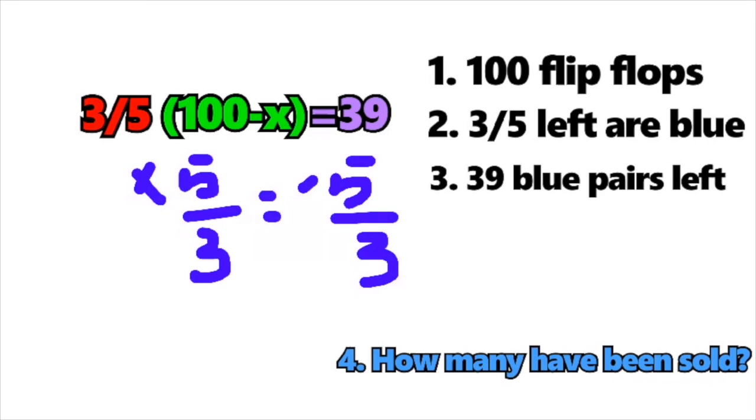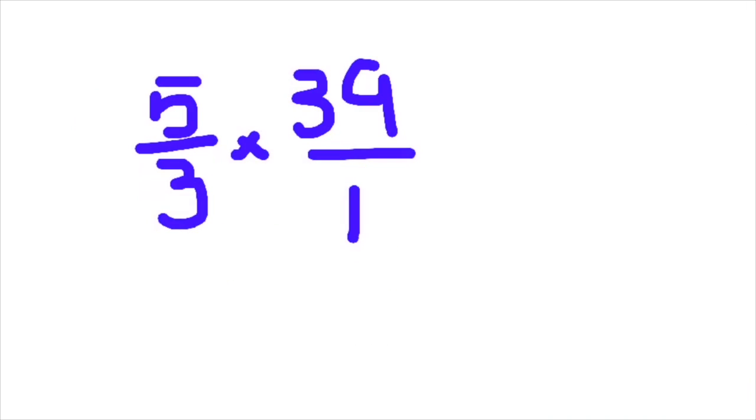Now, to cancel out this fraction, what I can do is multiply by its reciprocal. When I'm multiplying by a whole number, I can just put it over 1, which will convert it to a fraction. From here, is there anything that we can reduce right off the bat? Well, 3 is divisible by 3, and it's going to equal 1. 39 is also divisible by 3. What's 39 divided by 3?